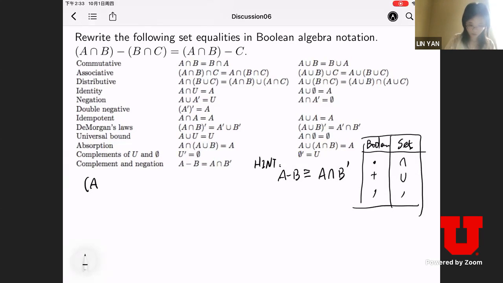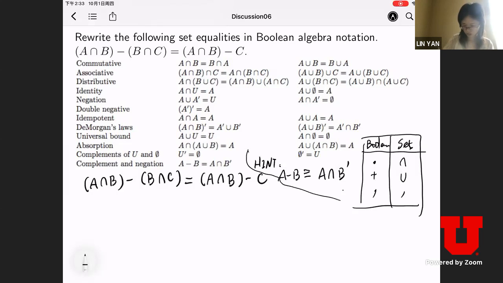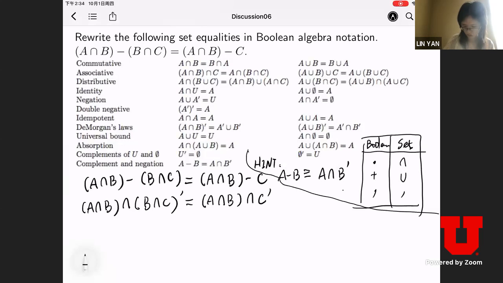The original statement is the same as A intersection B complement intersects B. So we should rewrite the original statement based on this operation.